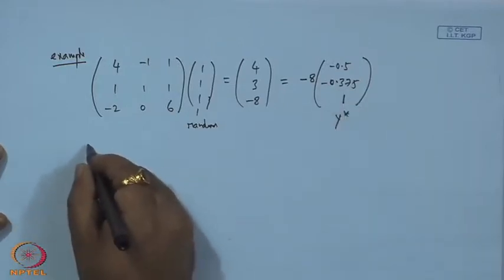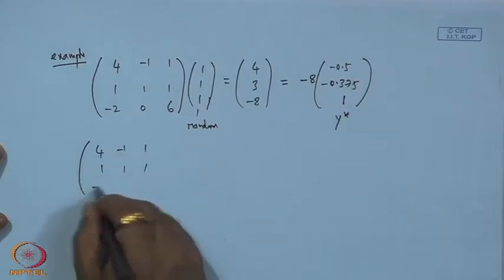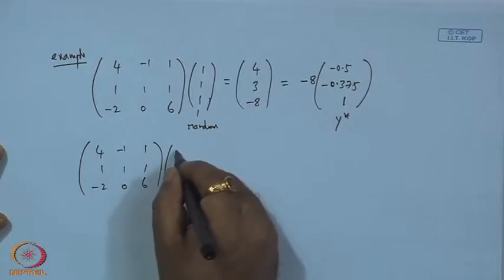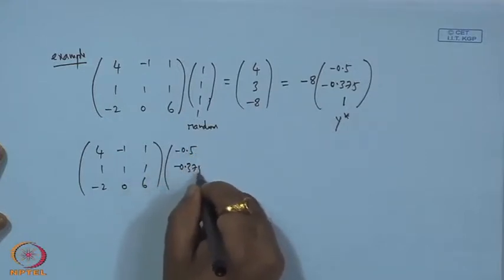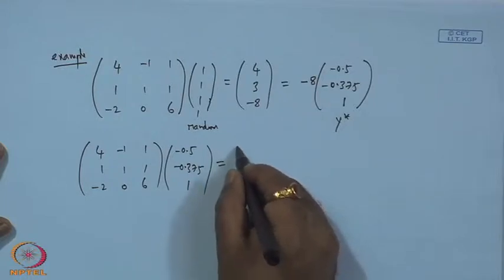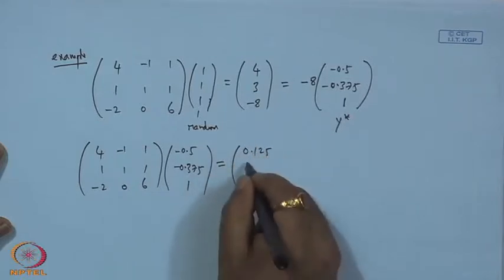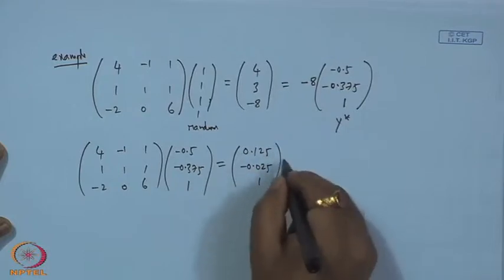Then we compute, so we do this, then we get 0.125 times.